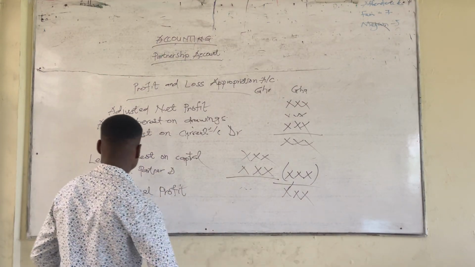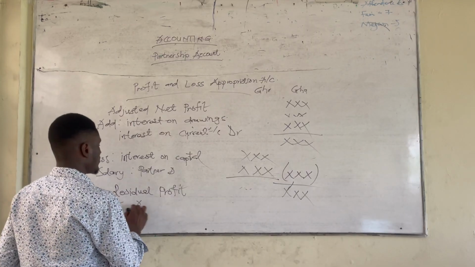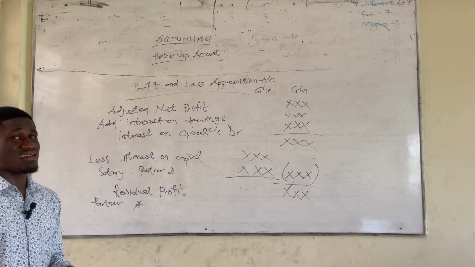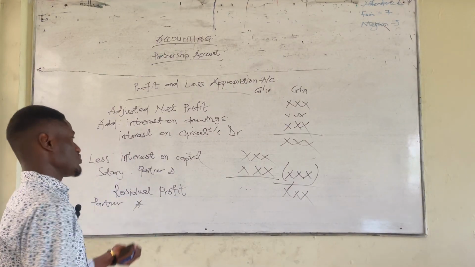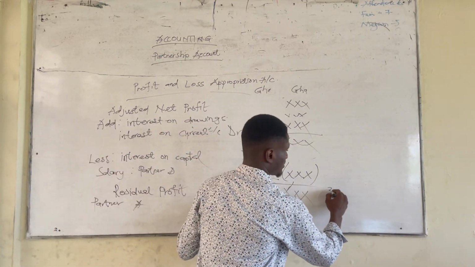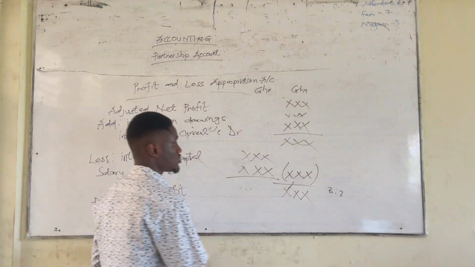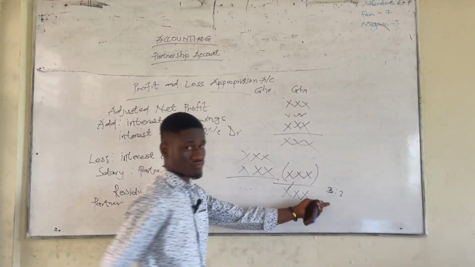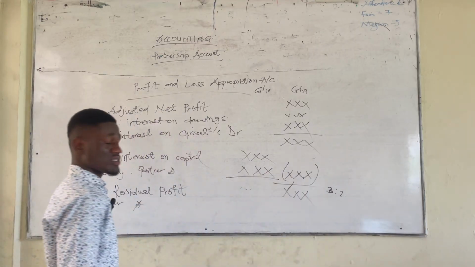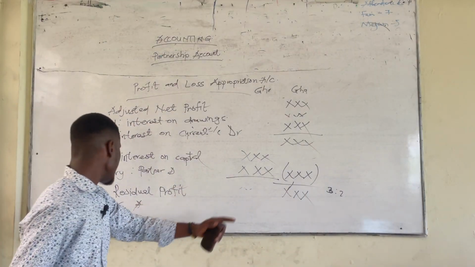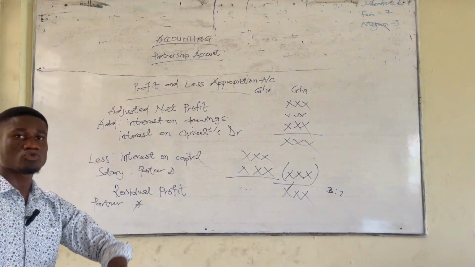Okay, so let's say we have partner A, and the question says they are to share profit 3:2. Let's say we have two partners and they are to share profit 3:2. So respectively, the question puts it this way: partner A and partner B are to share profit 3:2.